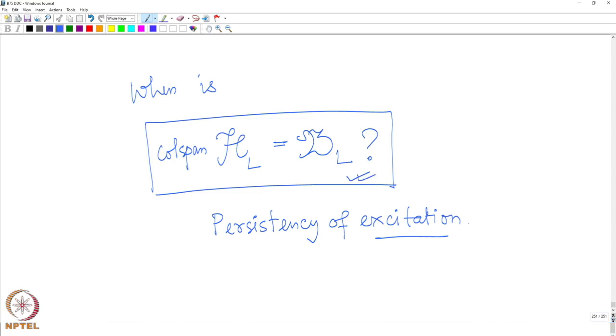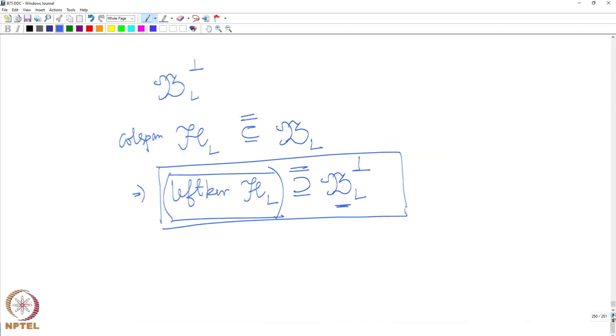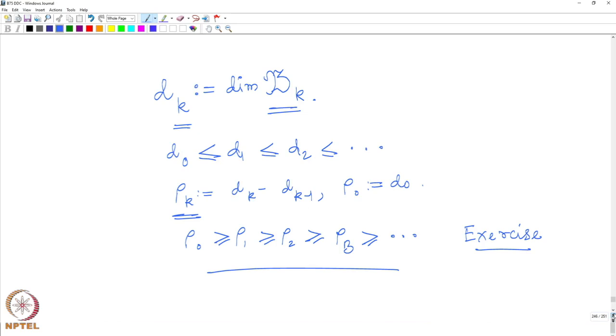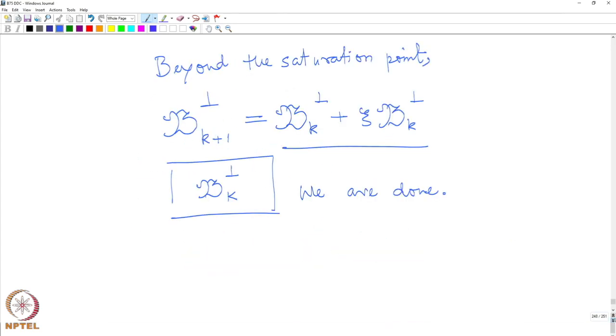But what is the meaning of persistently exciting? Why should it mean that under persistency of excitation this will be true? All these questions we will still have to answer, right. But in order for us to answer that, we will need to look at these invariants a little more closely, especially this one, the dimension of these restricted behaviors. That is what we are going to do now, and we will continue doing this in the next few lectures.